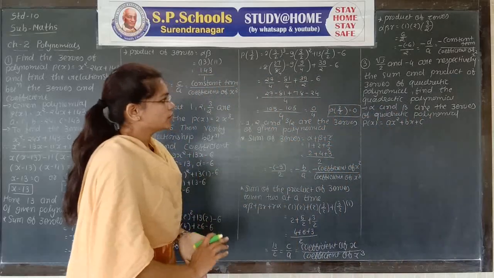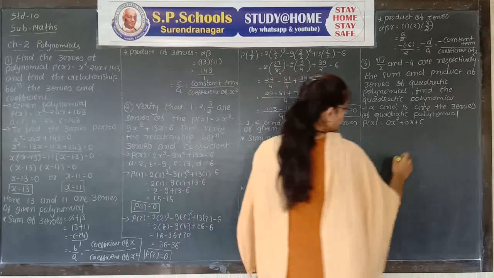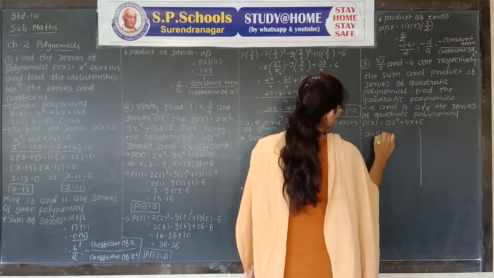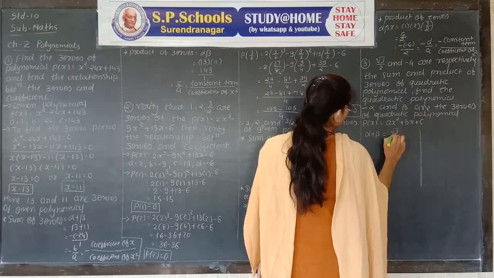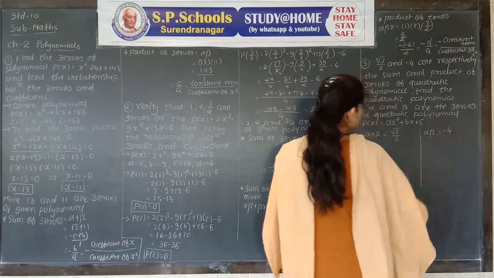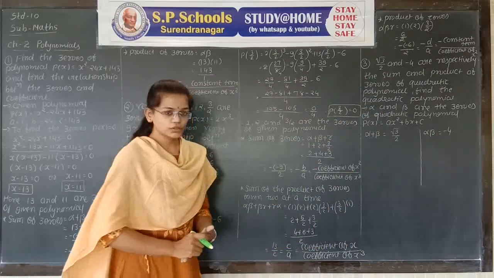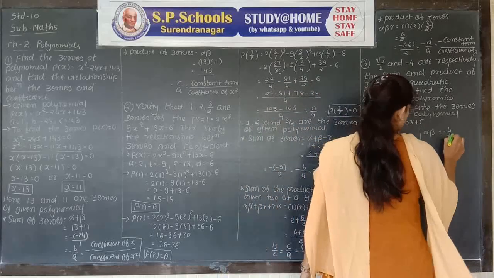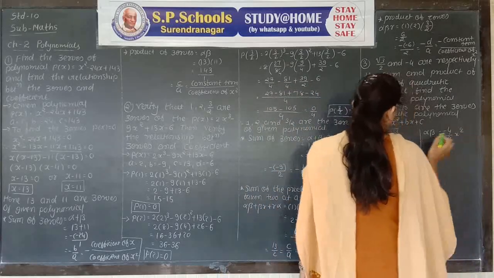In the question, the sum of zeros and the product of zeros is given. Sum of zeros alpha plus beta is equal to root 3 upon 2 and product of zeros alpha into beta, which is minus 4. First of all, both denominators are not equal, then make it equal. Multiply it by 2 and divide it by 2.